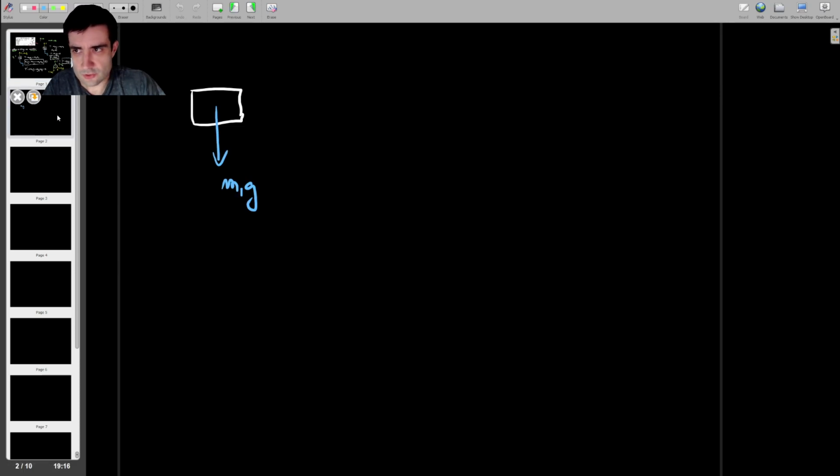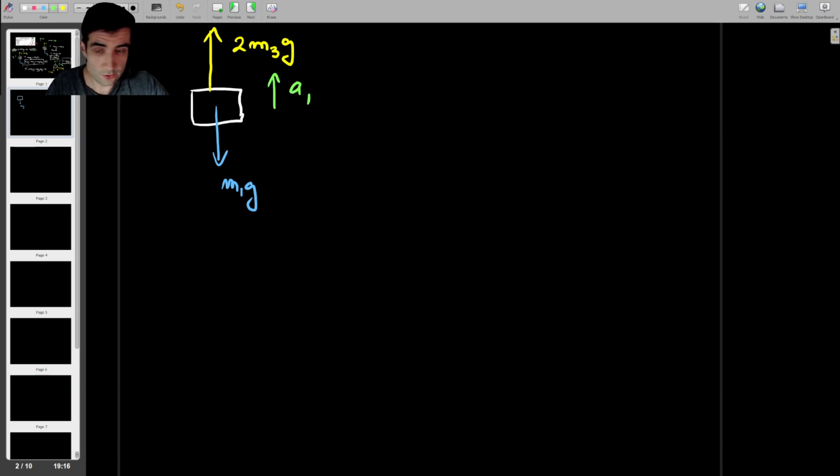So we have M1G, we have the tension, so this tension is going to be equal to 2 M3G, right? And this object is going to accelerate maybe up, maybe down, we don't know yet, but I'm just going to draw it upwards for now. And I'm going to write 2 M3G minus M1G is equal to M1A1.